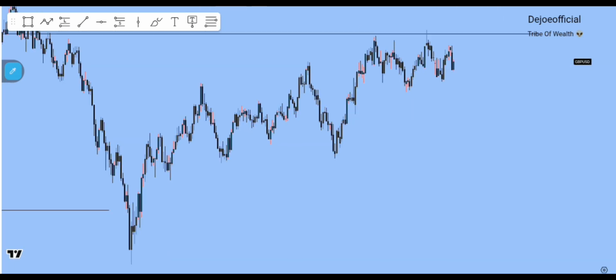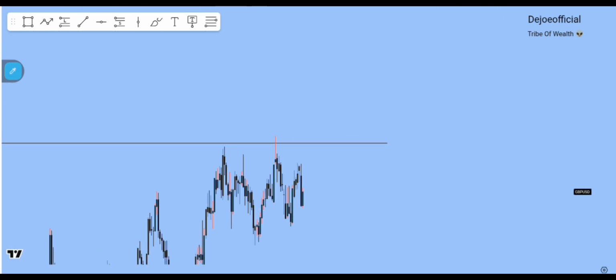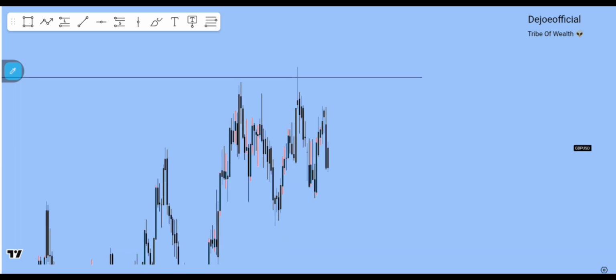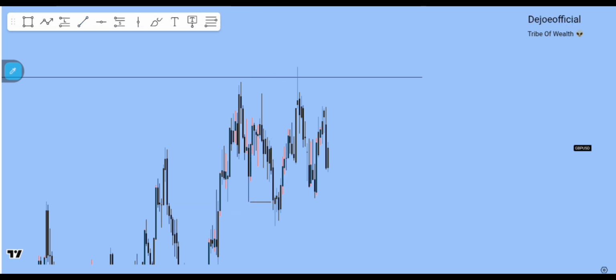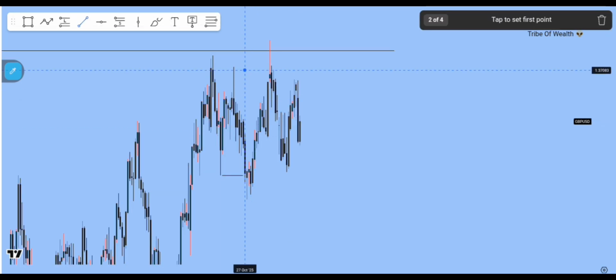On the weekly time frame, as you can see, price has already given me a market structure shift, and then also came to sweep out the high that gave me a market structure shift.